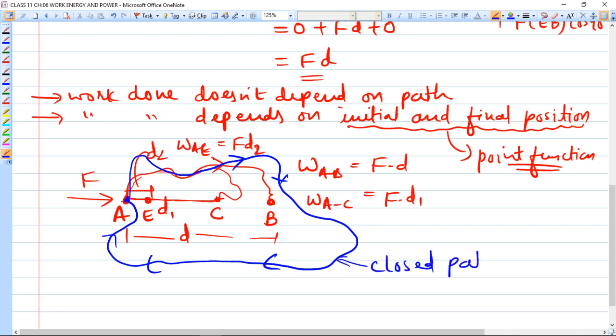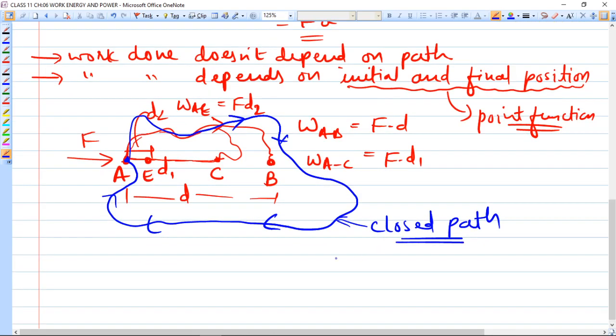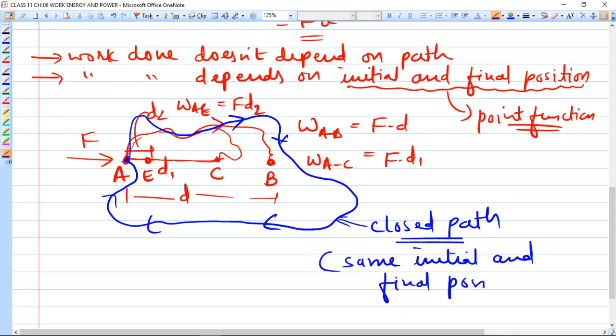Closed path means what? Same initial and final position.